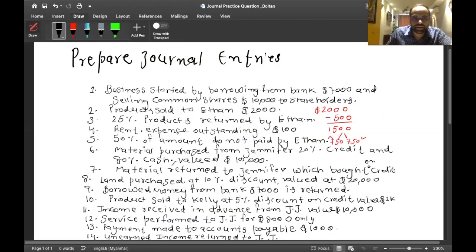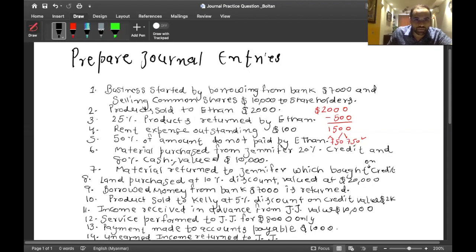Number 4 is rent expense outstanding $100. Number 5 is 50% of amount not paid by Ethan, so Ethan becomes bad debts. Number 6 is material purchase from Jennifer, 20% credit and 80% cash, total value 1,000. Number 7, material returned to Jennifer, which was bought on credit.